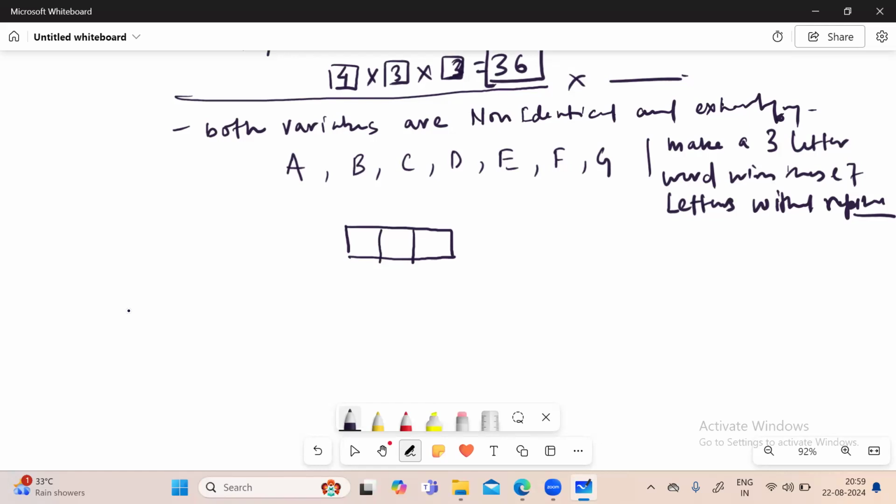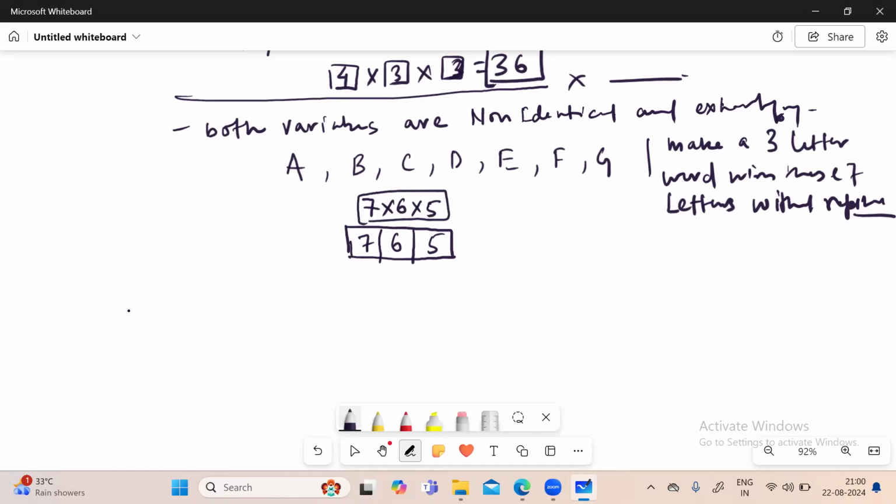So you did this calculation as you can put any of the 7 letters here and then 6 here. After putting one letter here, you will be left with 6 letters, and then you will be left with 5 letters. So the total number of words that you can make was 7 into 6 into 5.